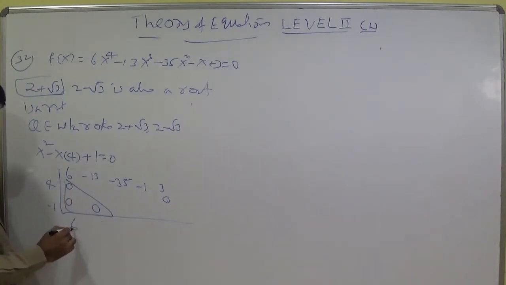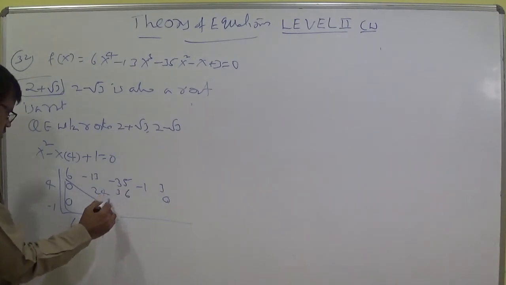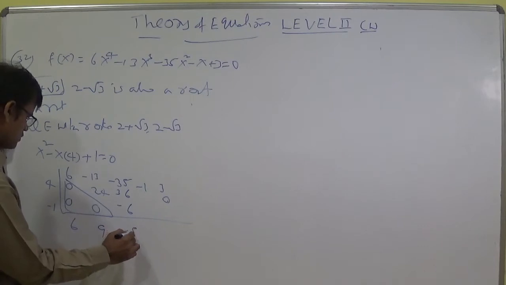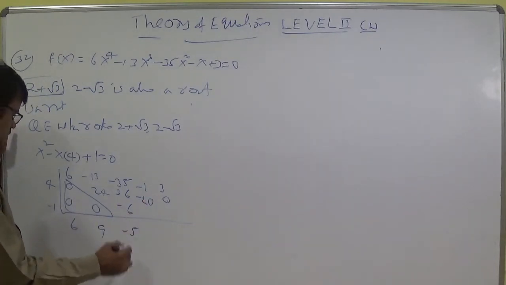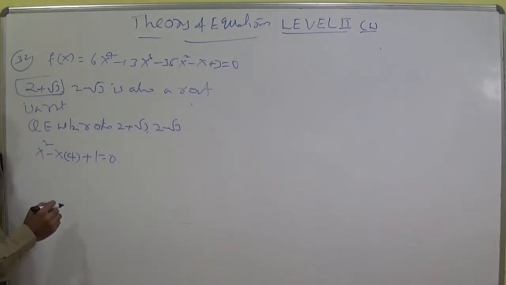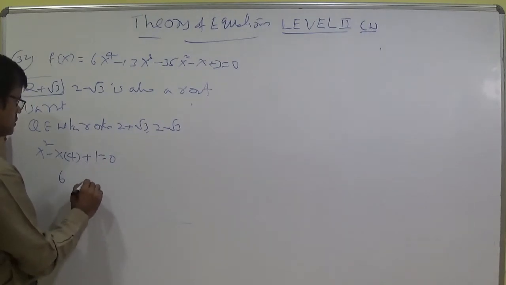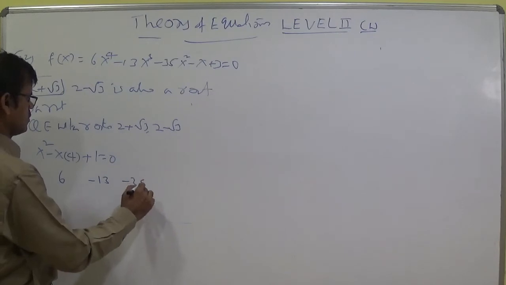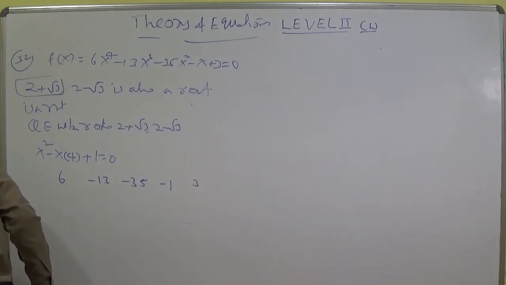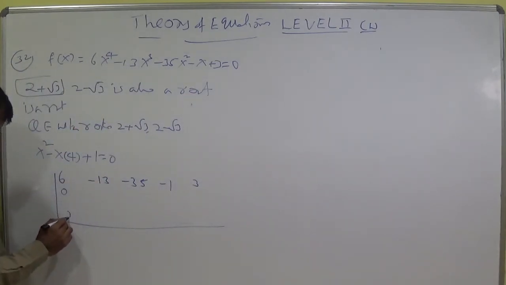Here it is 4 and this is minus 1. 6 here, 6 4s are 24, 24 minus 13 becomes 11.